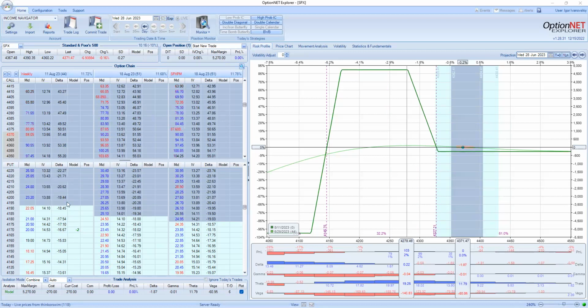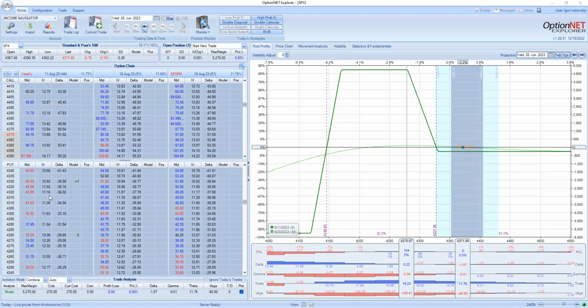So here we are long 4330, 4280. On XSP, it's 433, 428. And same thing for SPY. Just get rid of the last digit.